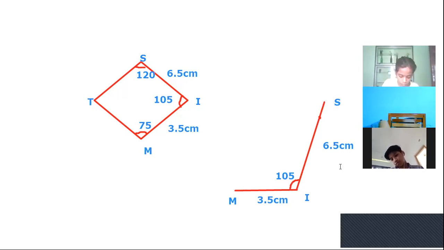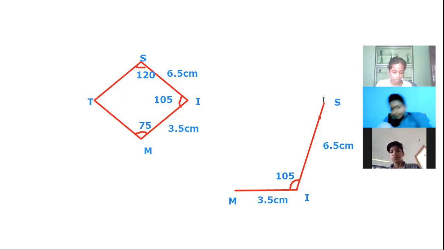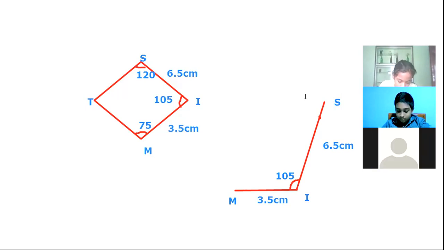So we have drawn two sides of our quadrilateral, and after that you just place your protractor on S and mark the angle. How much is the angle? It is 120 degree.